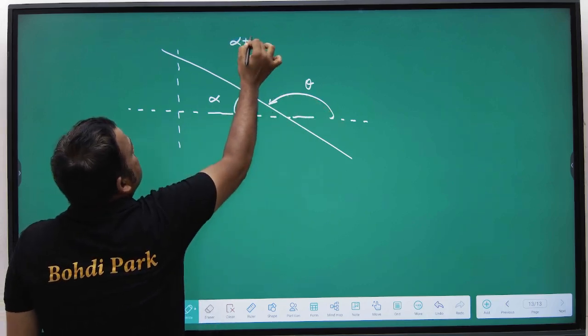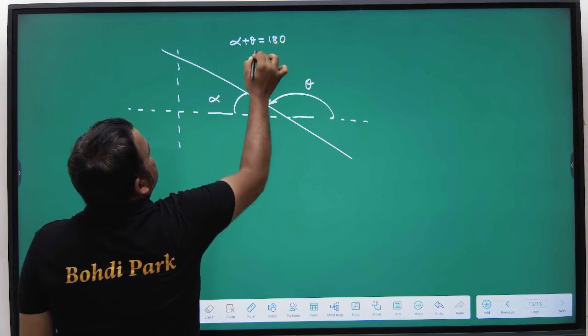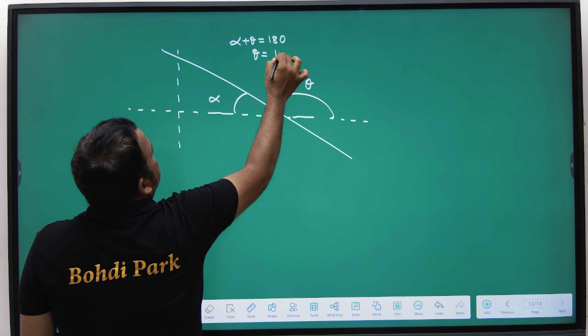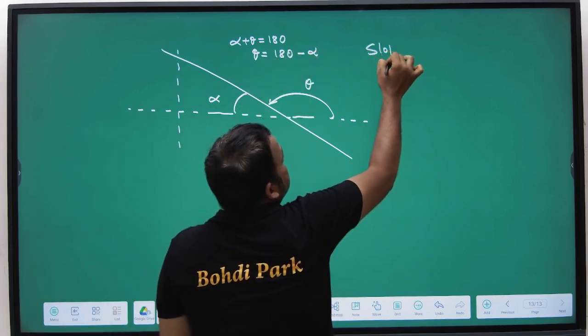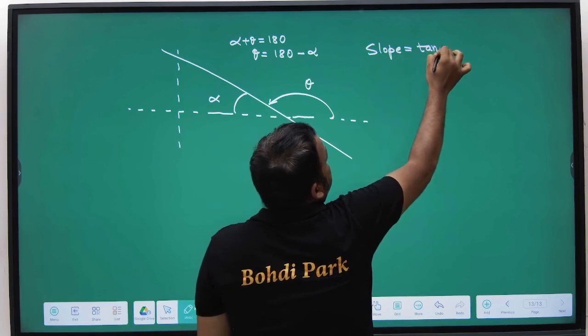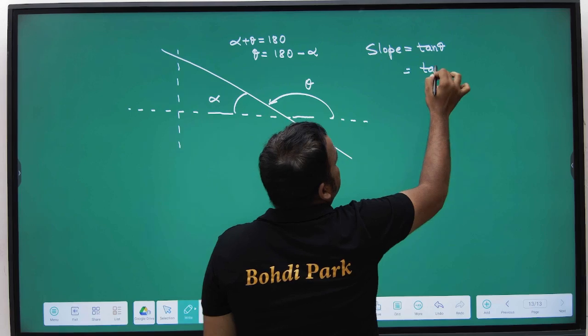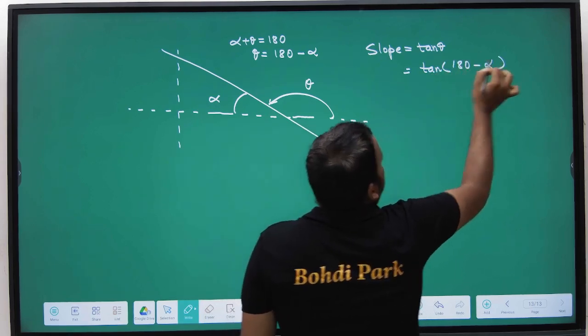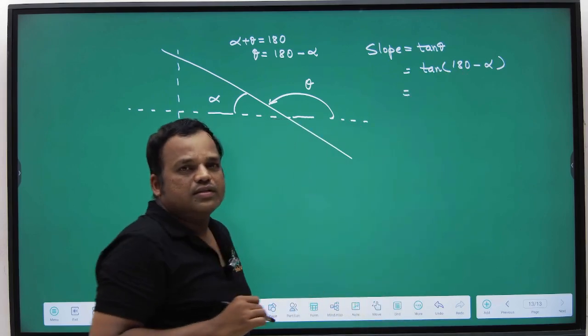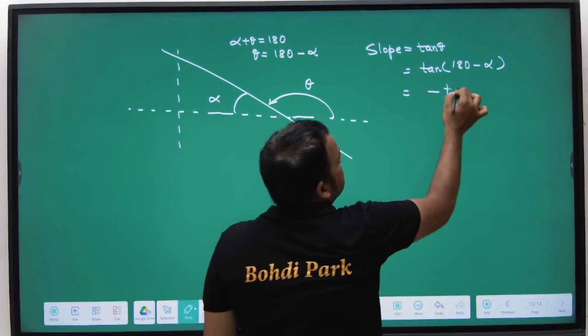So alpha plus theta is equal to 180. So we can say theta is equal to 180 minus alpha. So in this case, slope is equal to tan theta, which is equal to tan of 180 minus alpha, and tan 180 minus alpha is equal to minus tan alpha.